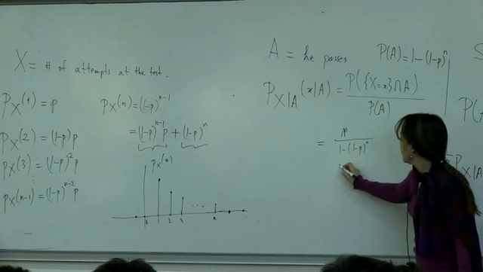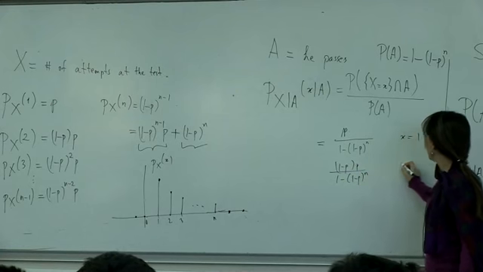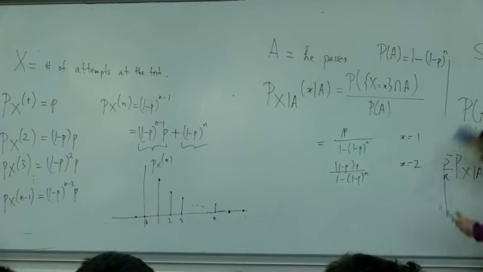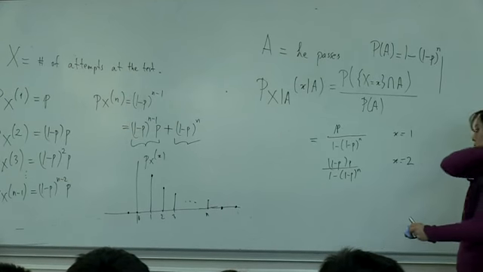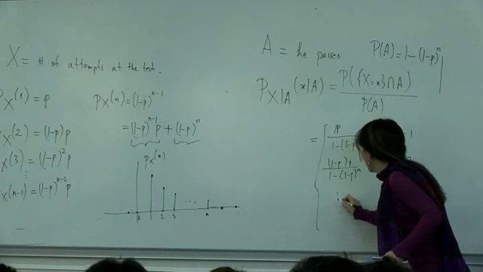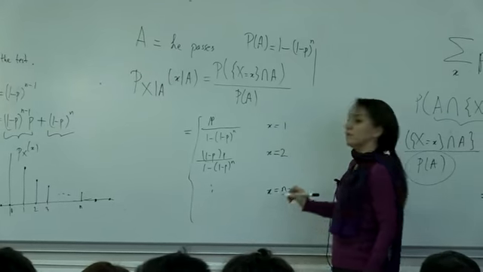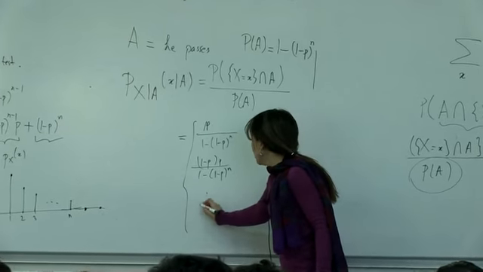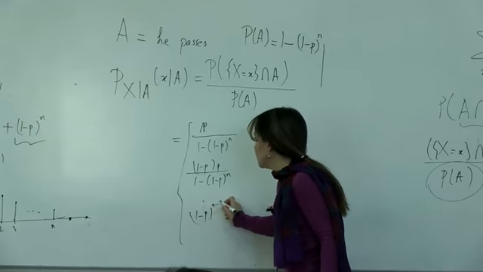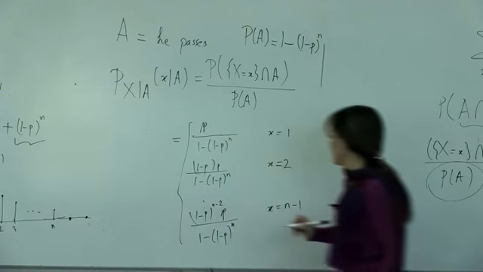Similarly, it's 1 minus p times p divided by 1 minus p to the n if x is 2. Up to n minus 1. So the probability that the number of attempts is n minus 1 given that he passed is 1 minus p to the n minus 2 times p divided by 1 minus p to the n.